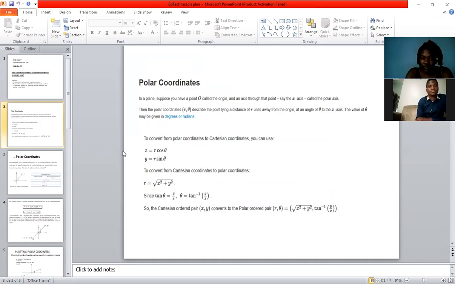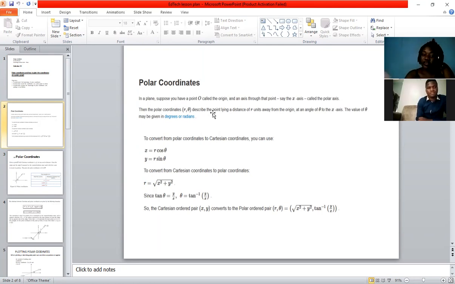These points, like I've told you, r units is the distance from the origin, and the angle theta is the angle from the x-axis.